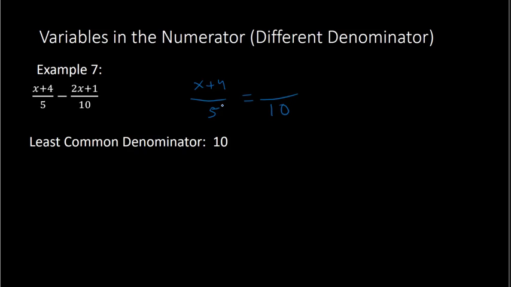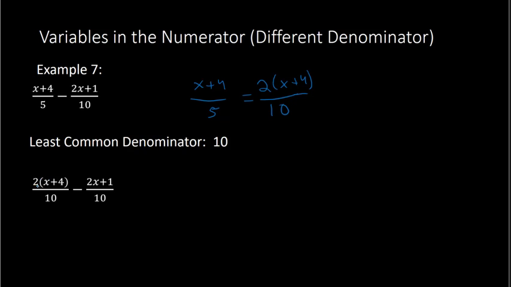So to do that, we see what do we multiply the bottom by. So 5 times 2 would give me 10, so I multiply the top by 2 as well to get 2 times x plus 4. So my numerator of the first fraction would be 2 times x plus 4.